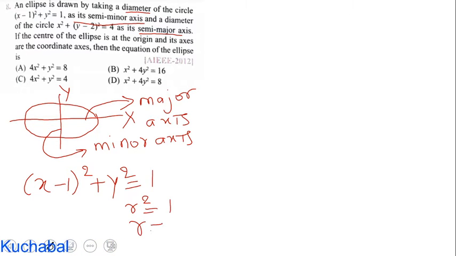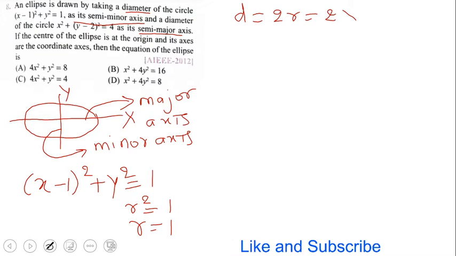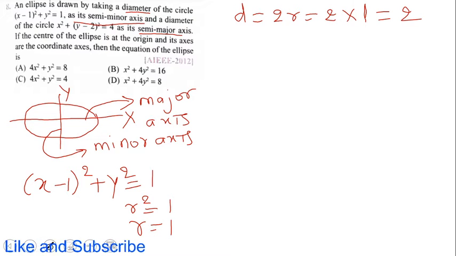So r equal to 1 here. Then we have to find the diameter. The diameter formula is d equal to 2 times r, so 2 into 1, we get 2. So the diameter is 2.